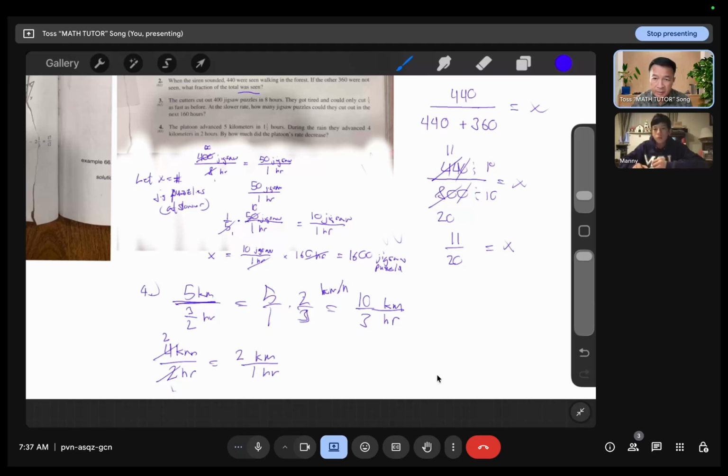What do you think? So the question is, by how much did the platoon's rate decrease? What do you think? You do 2/1 divided by 10/3, and then you multiply because you flip the other fraction. Well, if you do all that, if you flip-flop, what happens to the units?